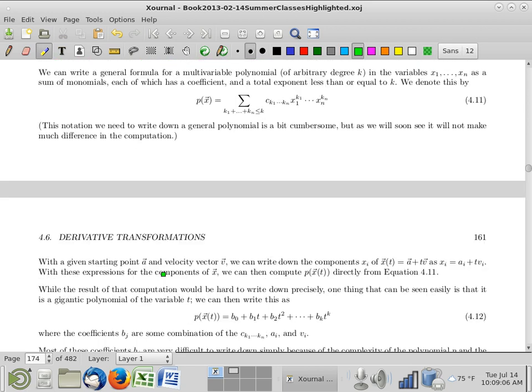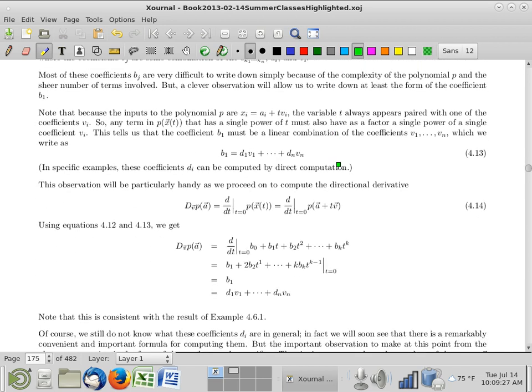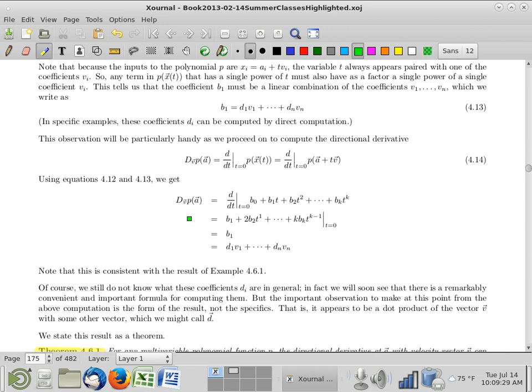Now I go through a calculation here. You might want to take a look at this, but don't worry about the details. There's a lot of gory details in here. This is a general polynomial. It's going to have lots of different terms, lots of different degrees of the various terms. And I go through and compute the directional derivative here. Lots of details. And the punchline is linear transformation.